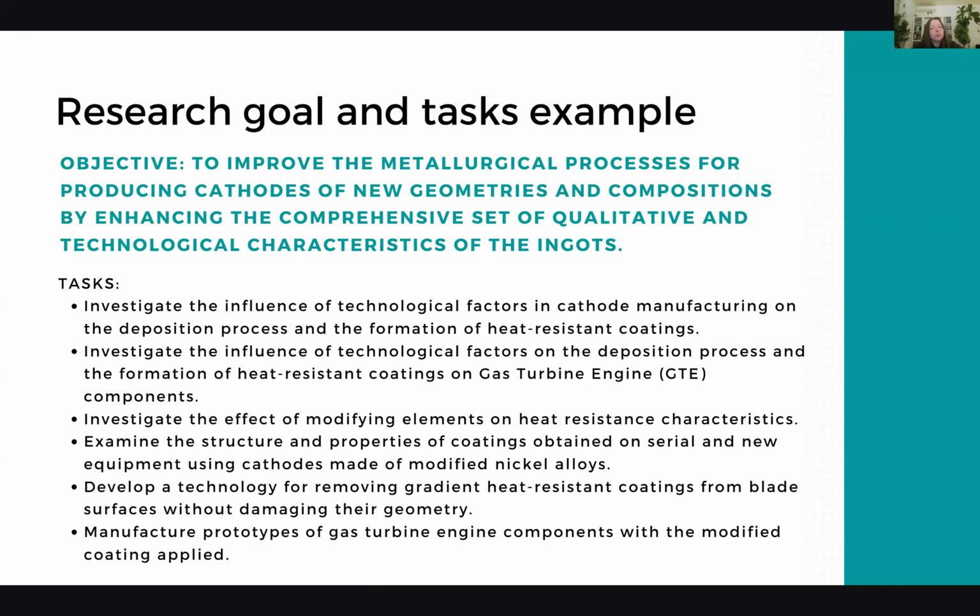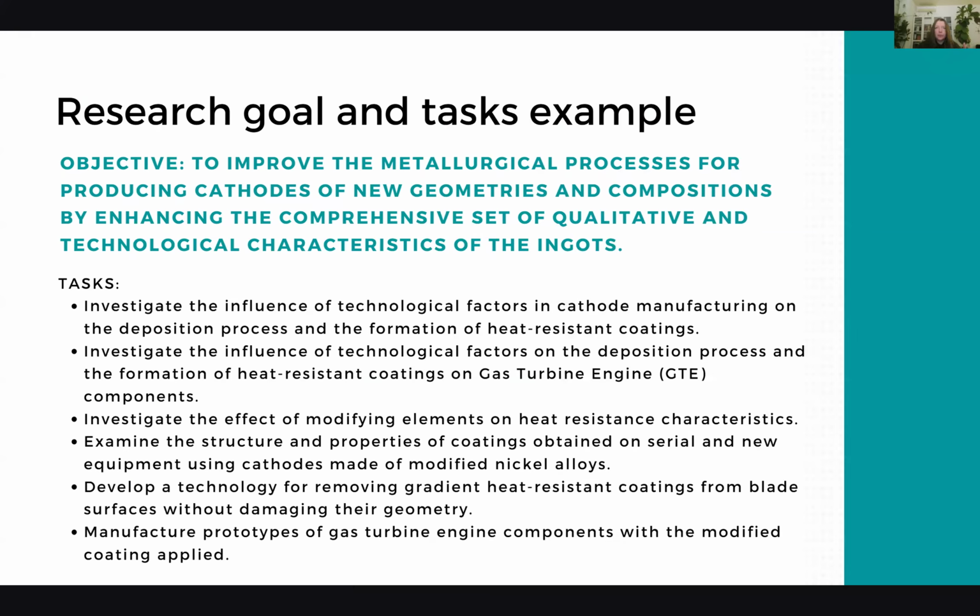Next task is to examine the structure and properties of coatings obtained on serial and new equipment using cathodes made of modified nickel alloys. So we see one task comes out directly from the previous one.